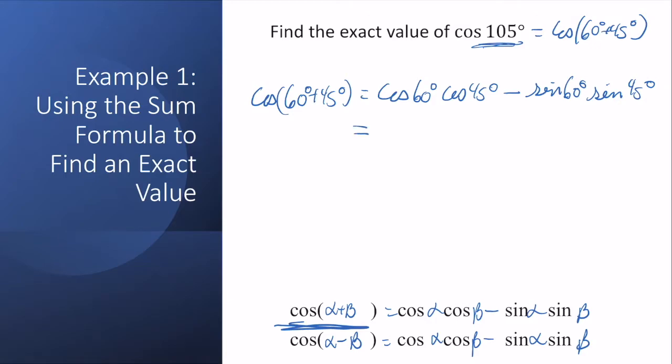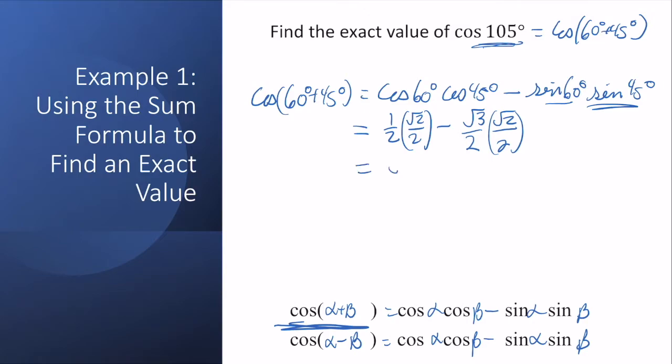That is when we go to our unit circle. So I have cosine of 60 degrees is 1/2. Cosine of 45 degrees is the square root of 2/2, minus the sine of 60 degrees, which is square root of 3/2, sine of 45 degrees, which is square root of 2/2. And I got all of these from our unit circle.